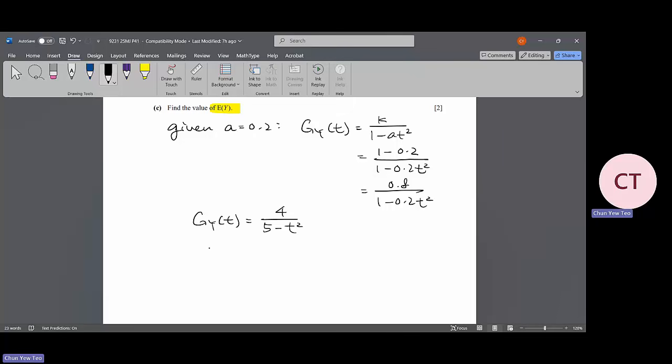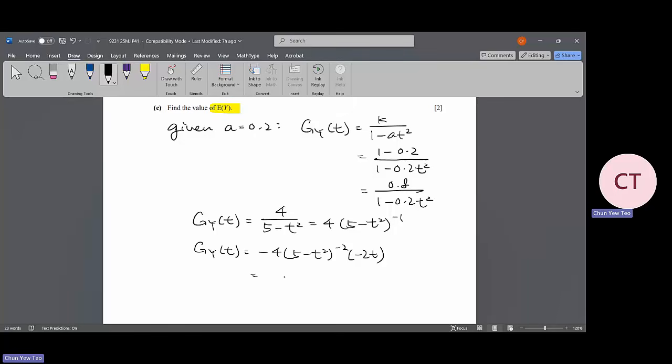Then to find the mean, I need to do the differentiation, G prime. This one we can make into negative 1 over here. We do not need to use the product rule. Just use the chain rule. 4 times 5 minus t squared to the power of negative 2, times negative 2t.